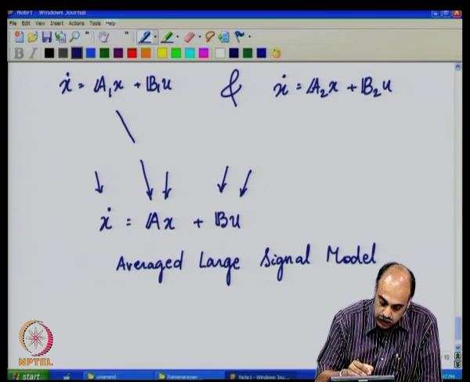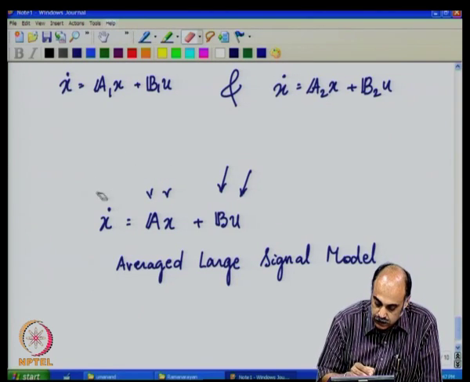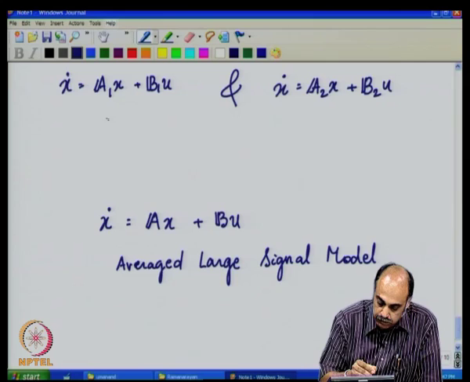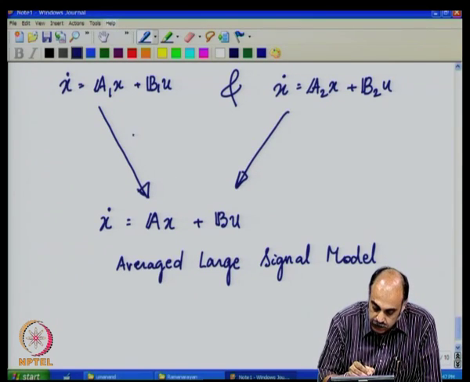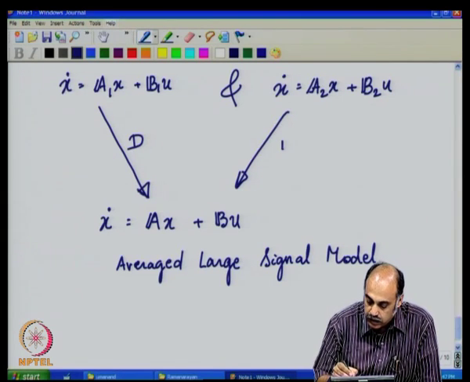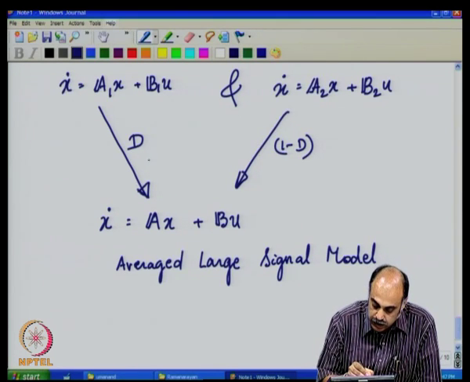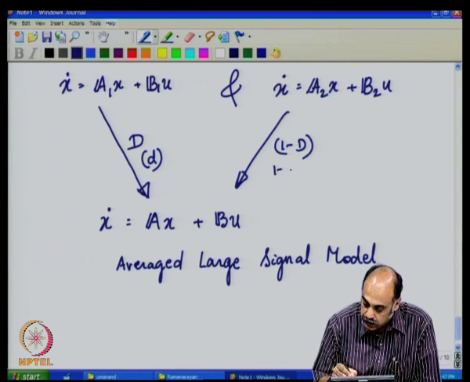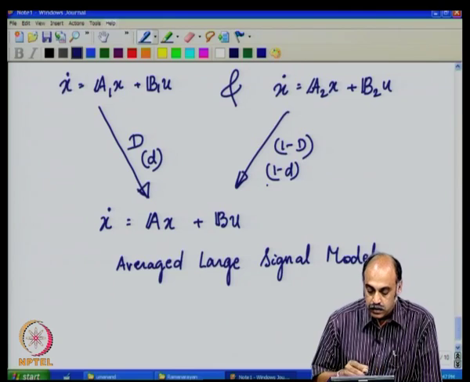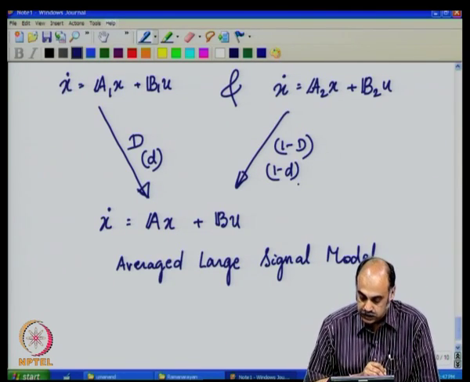Now, these two models will be combined together in this fashion by weighting it with d and 1 minus d. And instead of uppercase d and uppercase 1 minus d, we will be using in future d lowercase and 1 minus d lowercase. The logic and the reason for that symbol change will be explained in the next class.